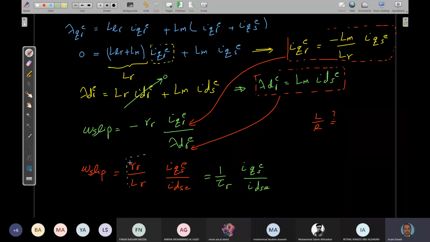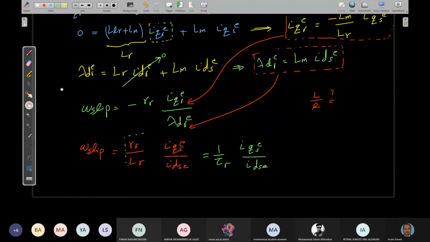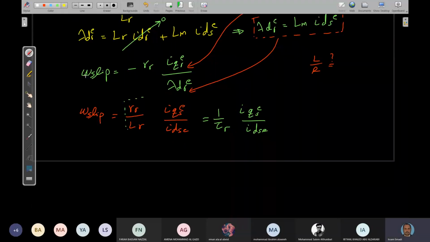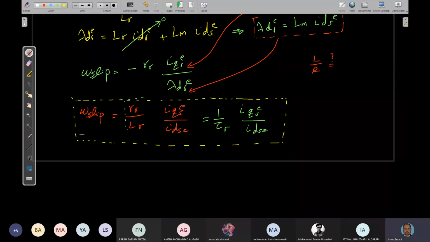Yeah, good. So now this is the omega slip. We have a relation now between the slip speed and the stator current, which is the Q component of the stator current and the D component of the stator current.